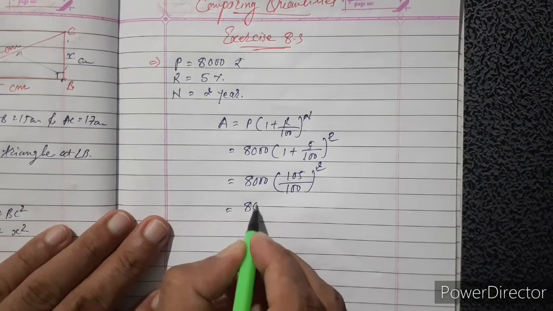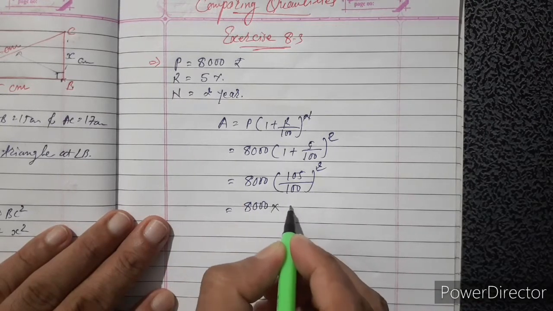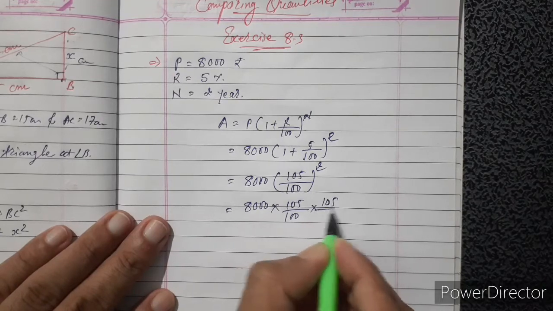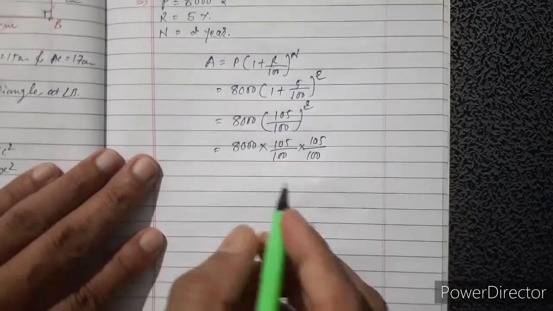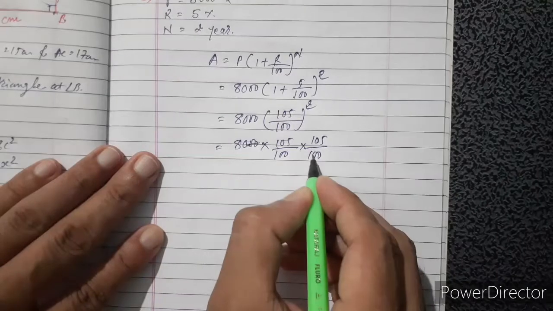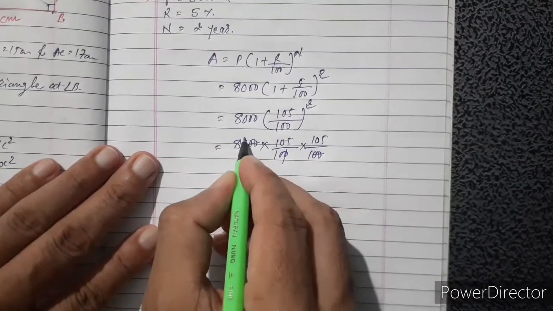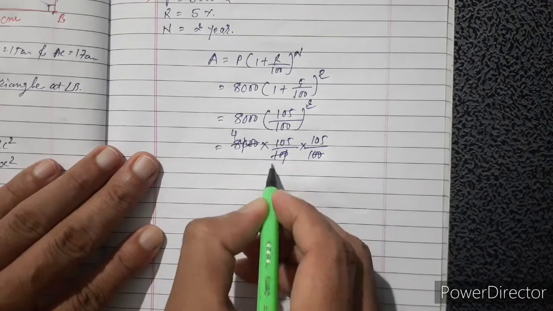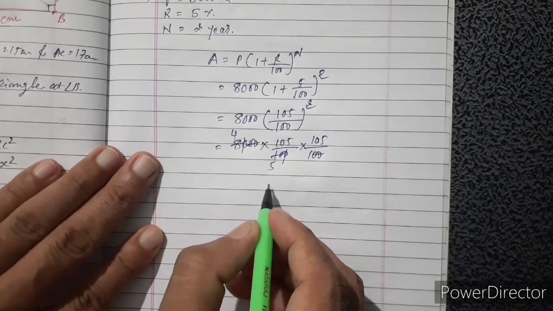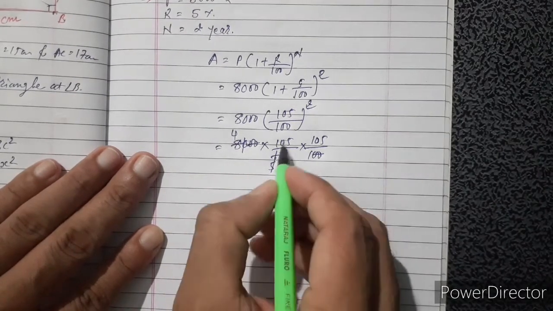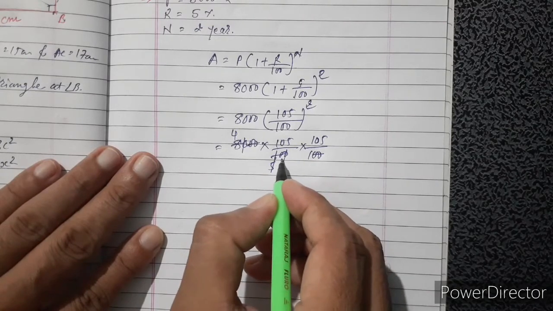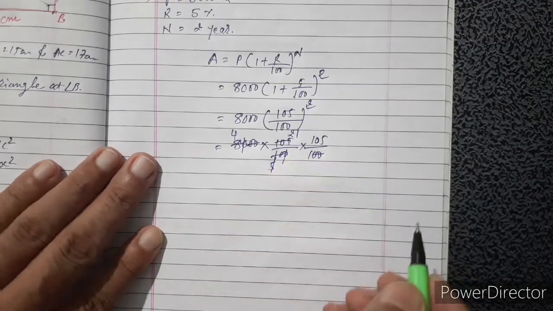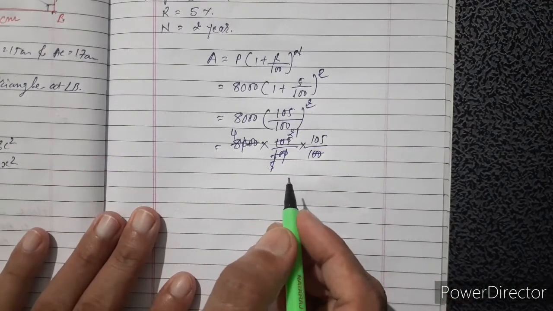So 8,000 into 105 upon 100 into 105 upon 100, 2 times. Look, 20 cut, 10 cut. Now that is 4 twos and here 5 twos. And 5 into 21.